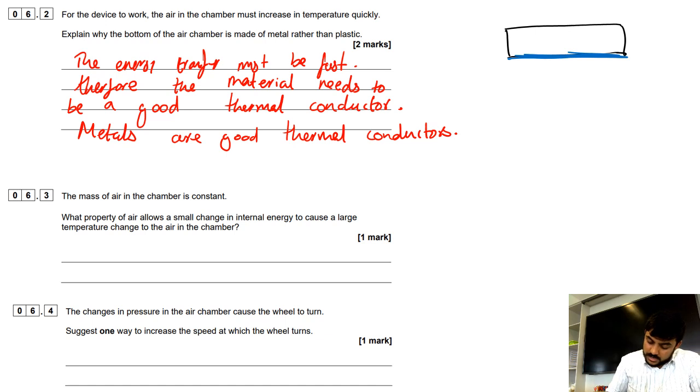Okay, the mass of the air in the chamber is constant. What property of air allows a small change in the thermal energy to cause a large temperature change to the air in the chamber? What property allows a large temperature change when there is a small change in energy?